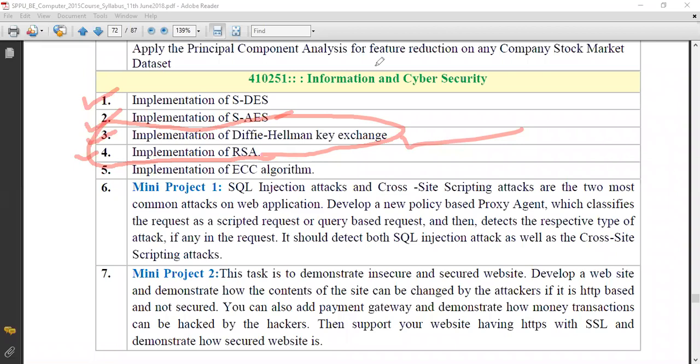Those who have a laptop or desktop can easily implement, but those who have only a mobile at home will find it very difficult. In that case you have to take a friend's laptop, but you have to do hands-on with this program, because this is practical and the university is going to conduct the practical exam.